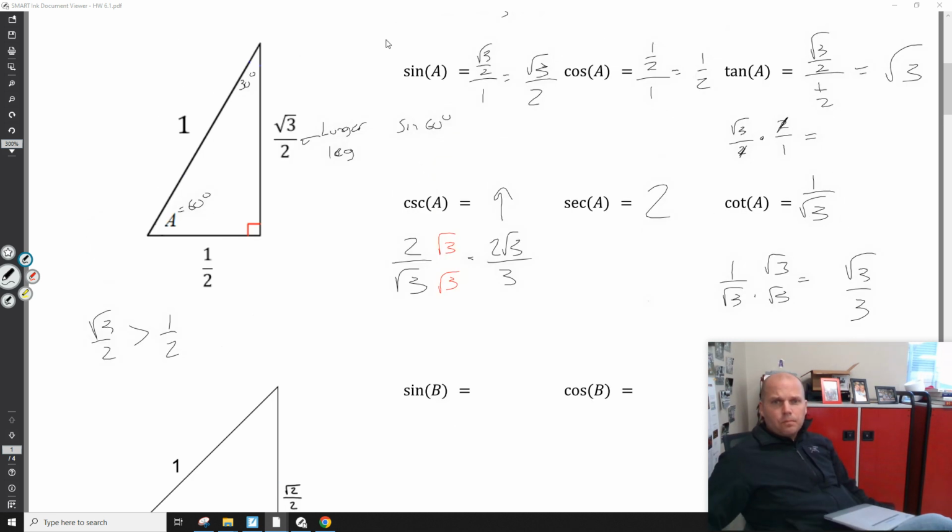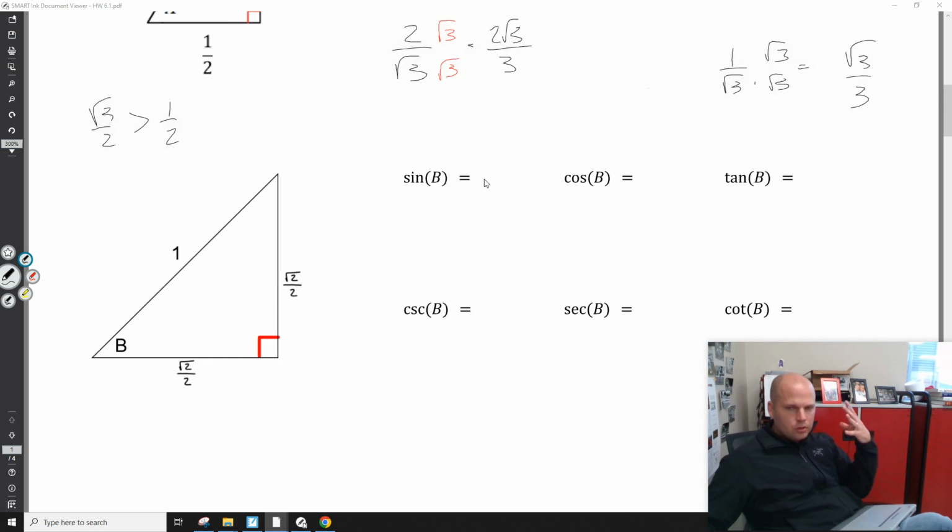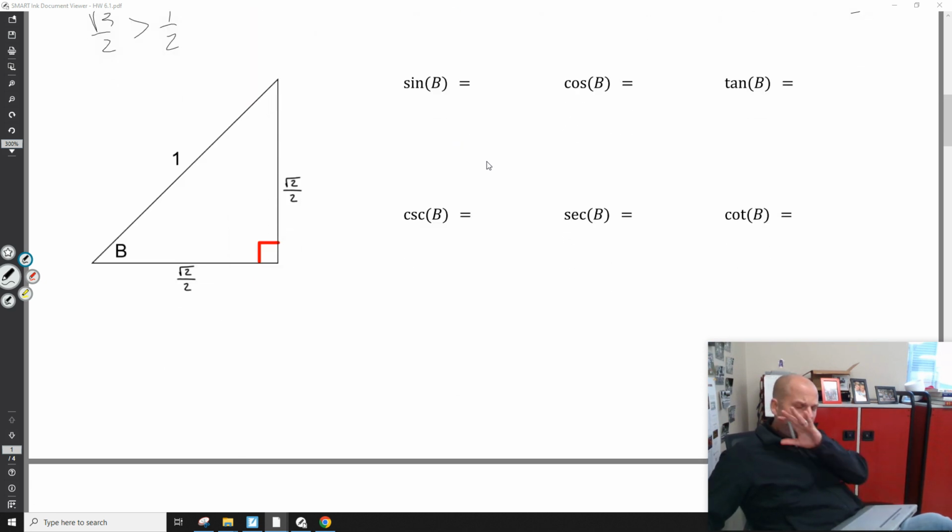Cool. So for any triangle with a 60-degree angle, the ratio of the side lengths has to be these. Boom. If you want to build something, you want either this ratio, or this is the angle you have to use. Oh, you want this angle to be used, this is the ratio of the side lengths you have to have. Bam. Trigonometry helps understand lengths.